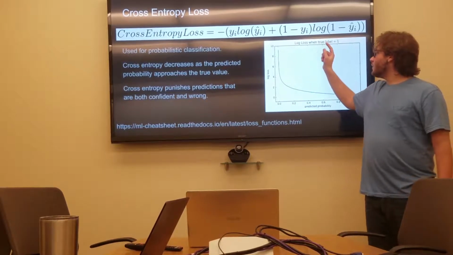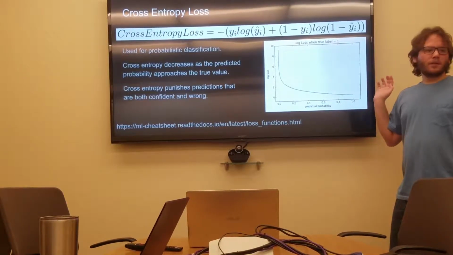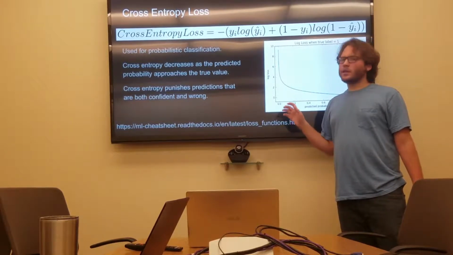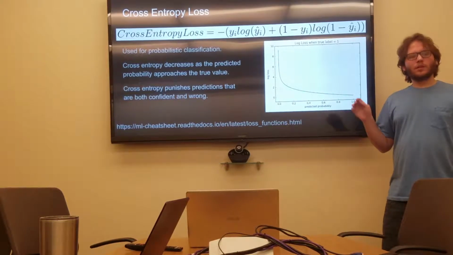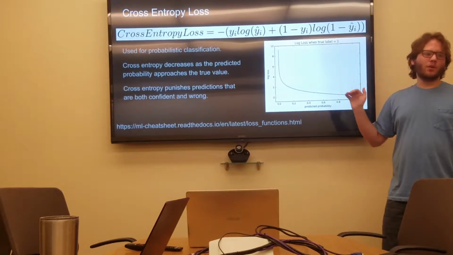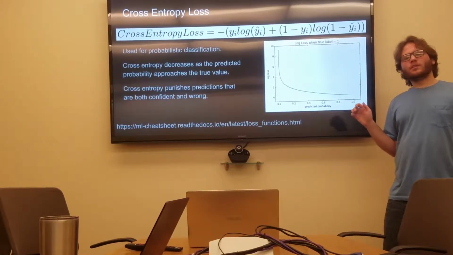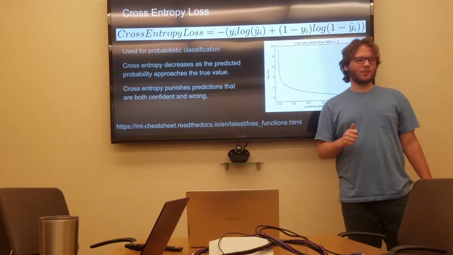So it's going to do the same kind of punishing of things that are very off, but specifically it's going to extra punish things that are both confident and wrong. So if something's wrong, but the neural network's outputting a low probability for it, it's not going to punish that as hard as something that's like, yes, I'm sure that this is right, and then it's not.